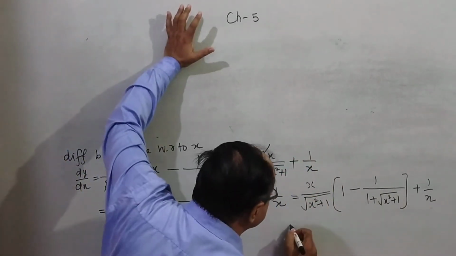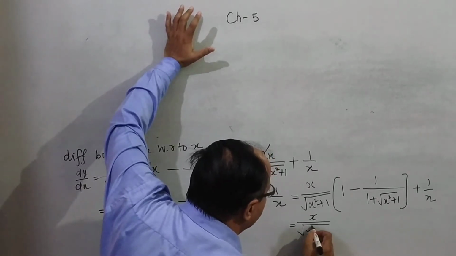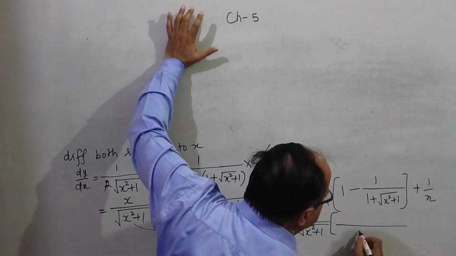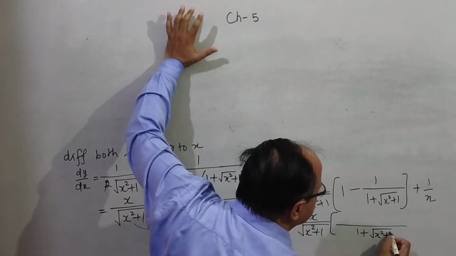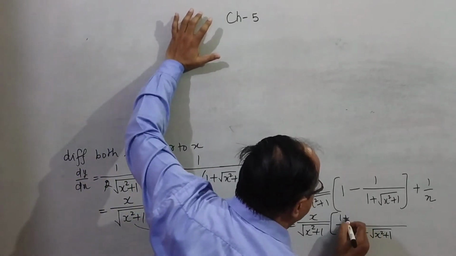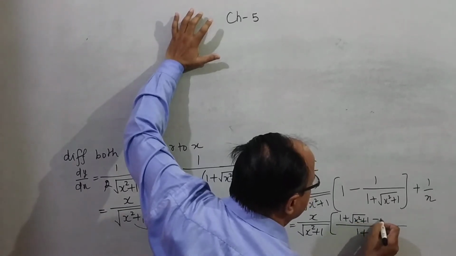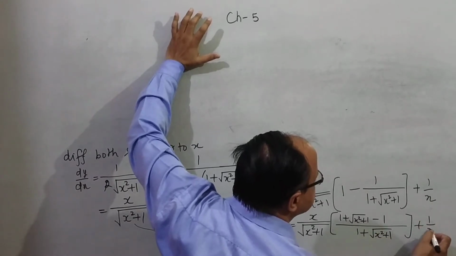Here, x upon root x square plus 1. Take LCM here, 1 plus root x square plus 1, and 1 plus root x square plus 1 minus 1, plus 1 by x as it is.